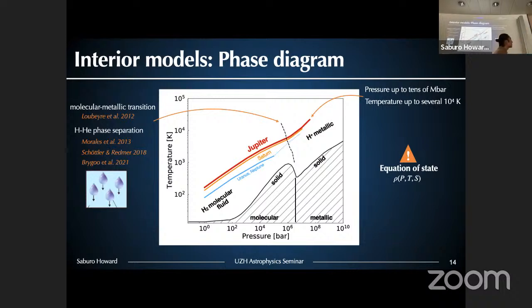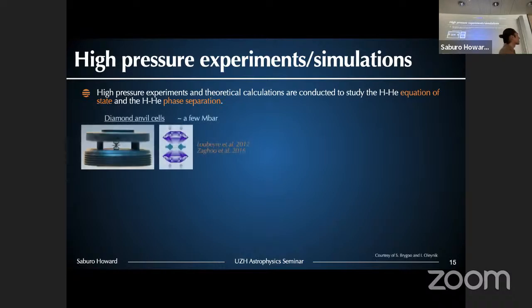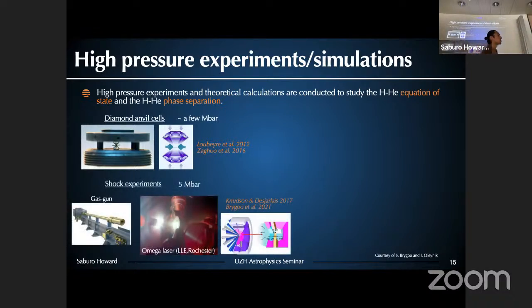And so for that, we need the help of the high pressure physics community, which carries out experiments and also numerical calculations in order to understand the behavior of hydrogen and helium. And so we need it for both the equation of state and the phase separation. On the one hand, you have experiments such as diamond anvil cells or shock experiments, which can reach up to a few megabars.